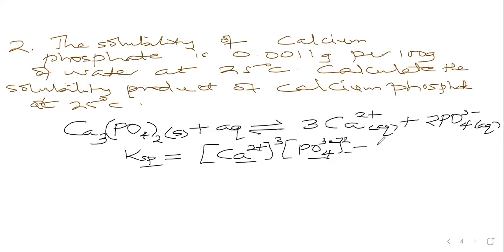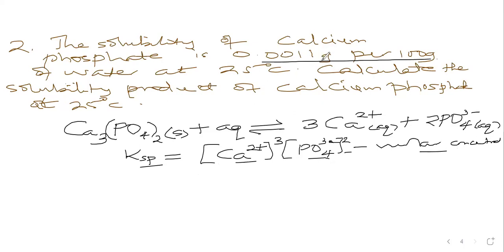However, these are molar concentrations. The square brackets here imply molar concentrations, which we don't have according to the question, but we are given solubility in 100 grams. This means we must first convert this solubility to moles per liter. And that implies that somewhere we shall need RFM.